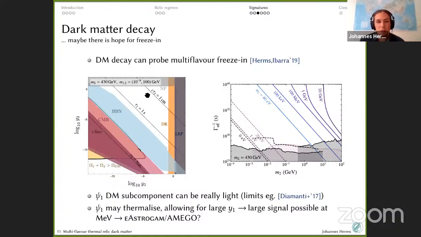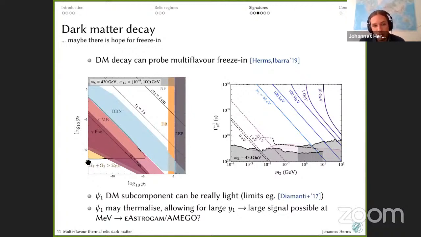And also the dark matter abundance in the end is determined by how much I produce of the heavier dark matter flavor, and does it then survive until now? So here are shown the lifetimes of the heavier dark matter flavors, and you can see if it has the lifetime of CMB decoupling, then it's still measured by the CMB, but it needs to be longer lived than the lifetime of the universe to make up dark matter today.